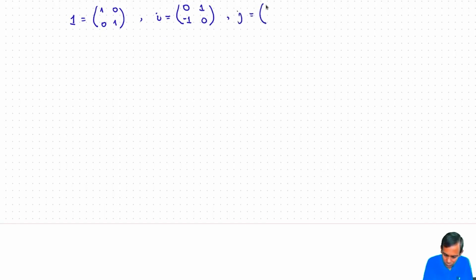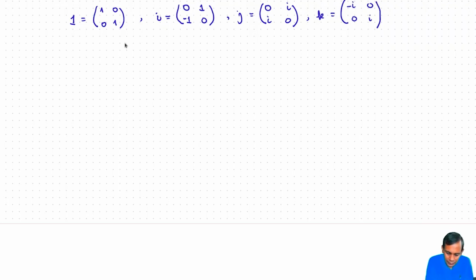In order to have the group of quaternions, we had 4 matrices: 1, which is just the identity matrix (1 0; 0 1), the matrix which I called i, which is (0 1; -1 0), the matrix j which I called (0 i; i 0), and the matrix k which is (-i 0; 0 i).